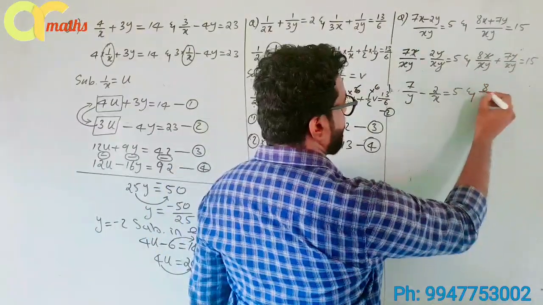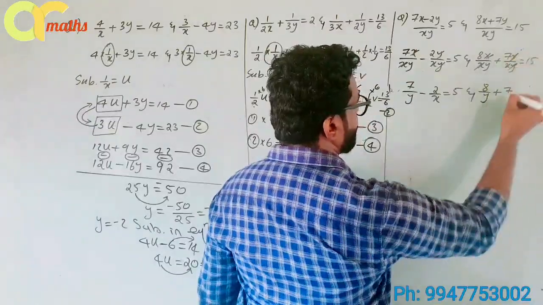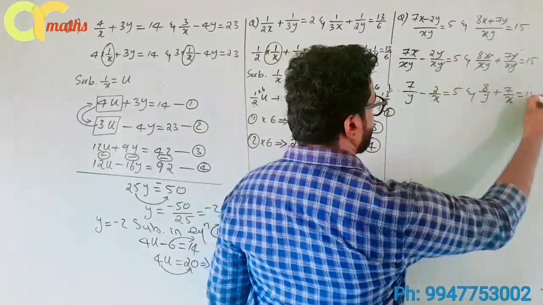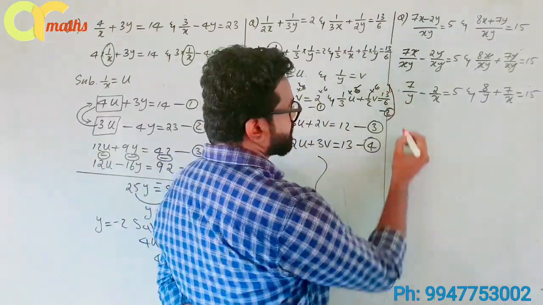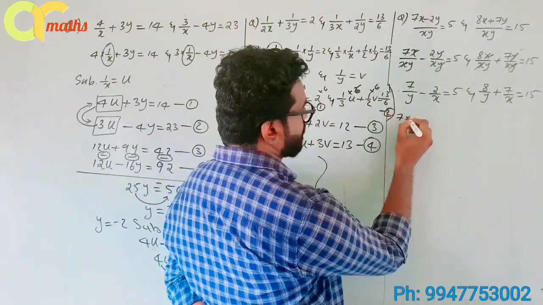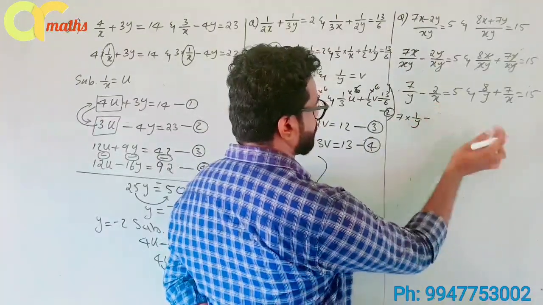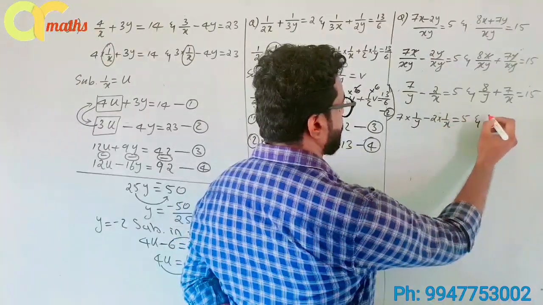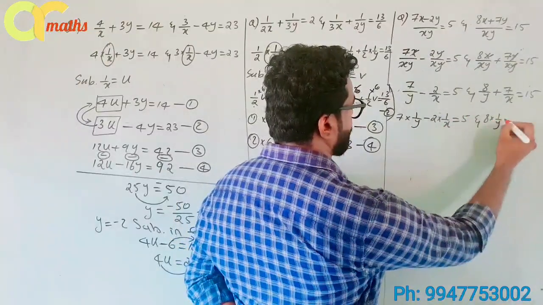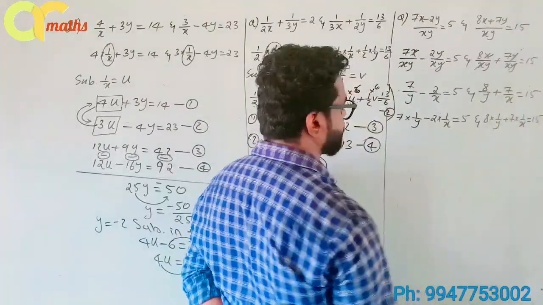So 8 by y plus 7 by x equal to 15. Then how to rewrite here? 7 by y means 7 into 1 by y minus 2 into 1 by x equal to 5, and 8 into 1 by y plus 7 into 1 by x equal to 15.